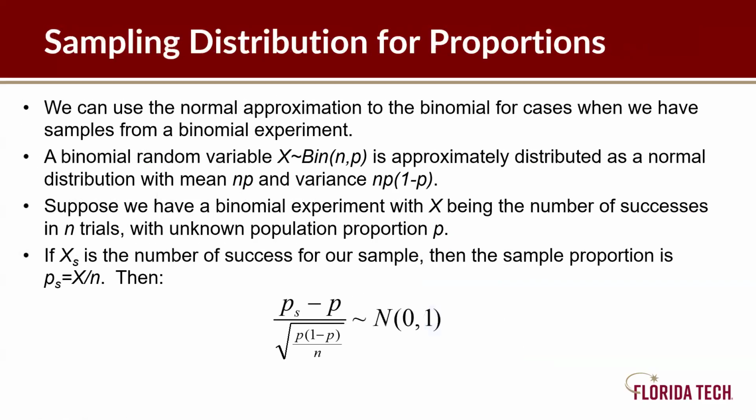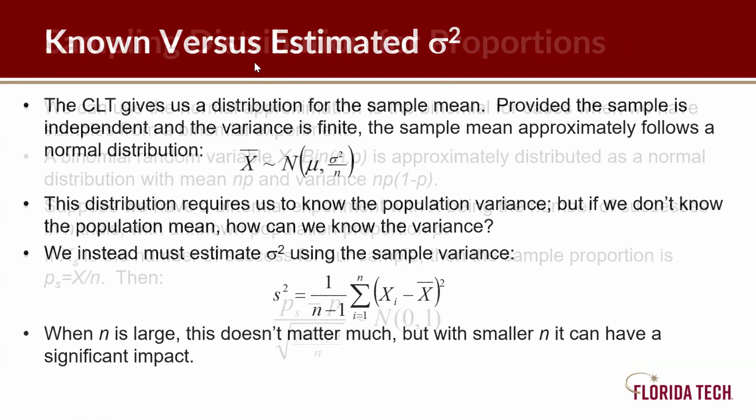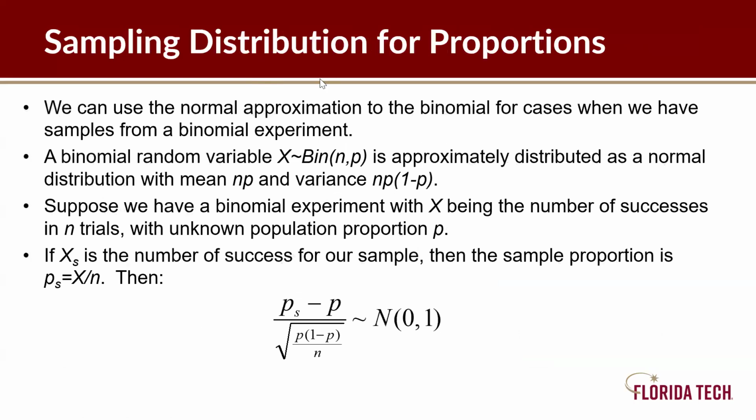All right, so sampling distributions for proportion. We can use that normal approximation for the binomial for cases when we have samples from a binomial experiment. The most common of these is going to be the polling idea, right? Which candidate you support or what.